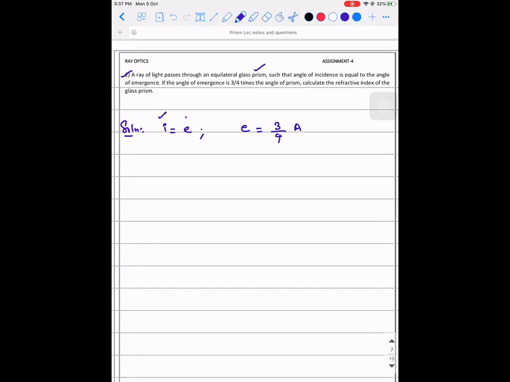So angle of incidence is equal to angle of emergence. When is it possible? This shows that there is minimum deviation taking place, right? So they're asking the refractive index. How to solve, guys? We know that delta is equal to I plus E minus A, but E is equal to I. So I can write it as E plus E minus A. But what is E that is given?